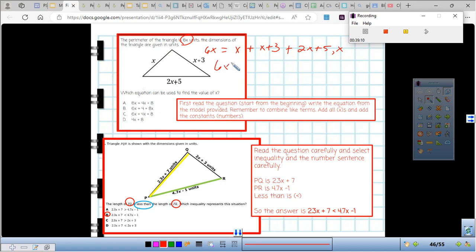So 6x, clean this up, 2, 4x. And then the numbers, you have a 3 here and a 5 there, we get 8. So that's it. We have 5. Work is 8, yeah, perfect. That's where I'm at.